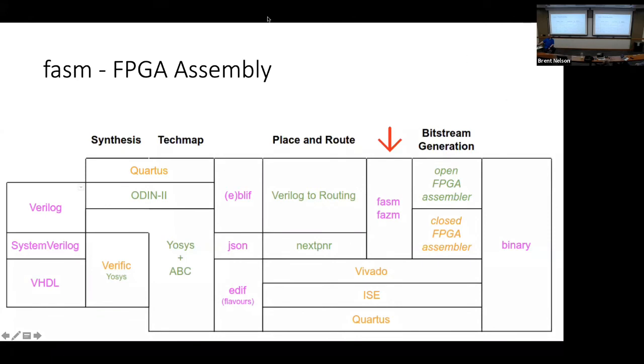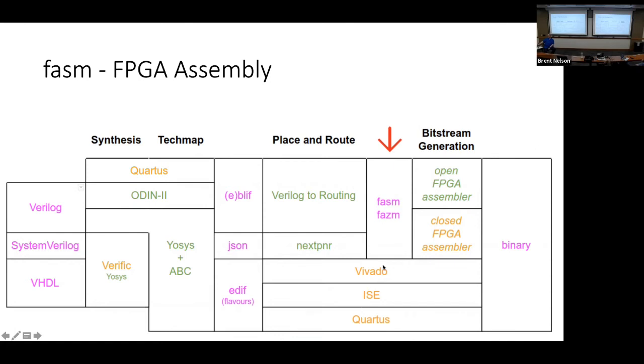But what they're trying to show here is, if you want to use VTR and Nextpnr, their proposal is called FASM, and FASM is going to be what these tools would output so that a tool like Project X-Ray could convert that into a bit stream.